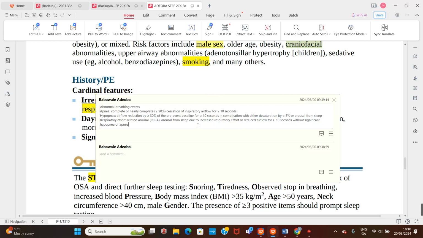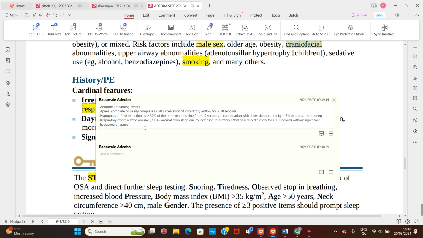RERA is when you have arousal from sleep due to increased respiratory effort or reduced airflow for 10 seconds without significant hypopnea or apnea. So what we are saying here is that in RERA, there's increased respiratory effort. They start breathing, and they wake up. Why?